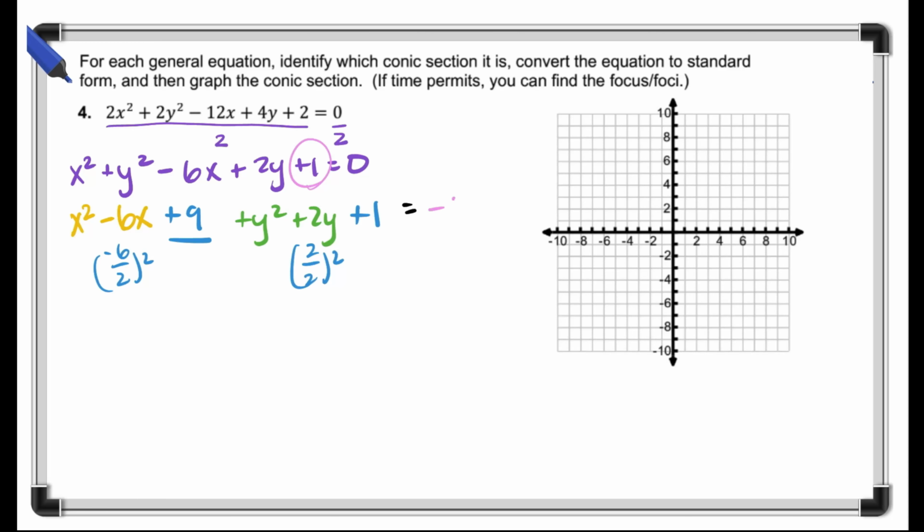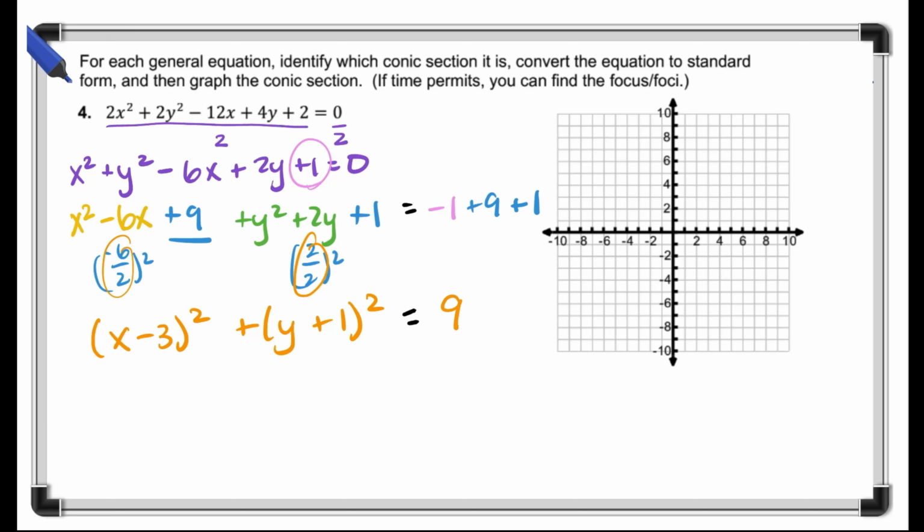We are moving this 1 to the other side. We added 9, and then we also added 1 here. So what we will do now is go ahead and factor. So we have x minus 3 squared, and then y plus 1 squared, and that equals 9.